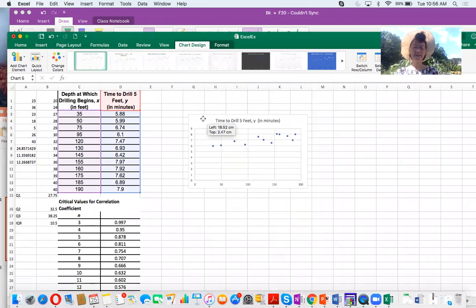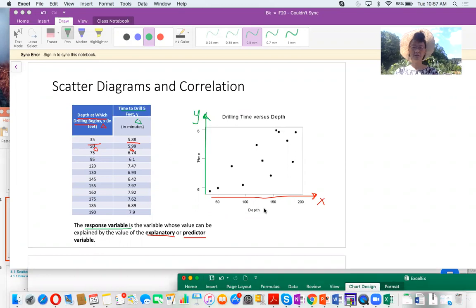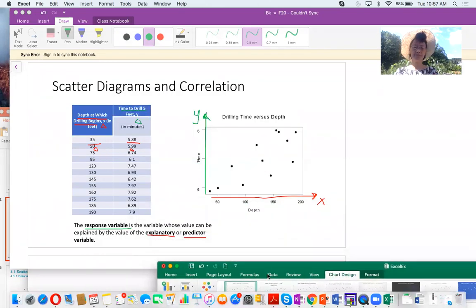See, you'll get this scatter plot, okay? So this is how you use Excel to create a scatter plot based on a data set.